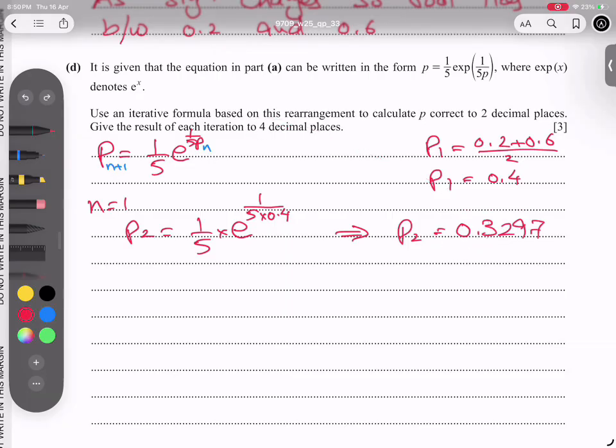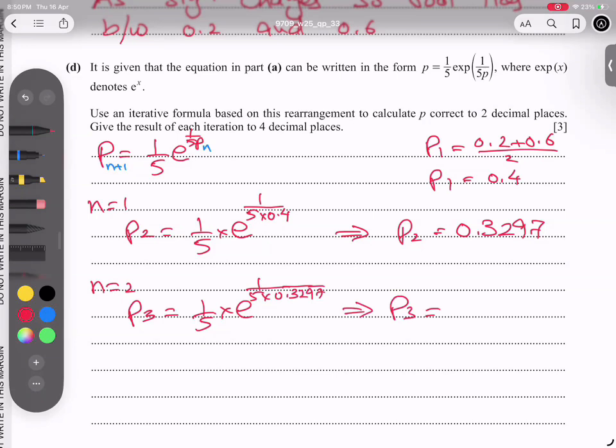Now I plug in 2 in each place. When I plug in 2 here, 2 plus 1 is 3, e to the power 1 over 5 times p2, and p2 is this. So this value will go here, 0.3297. It gives me the p3 value.